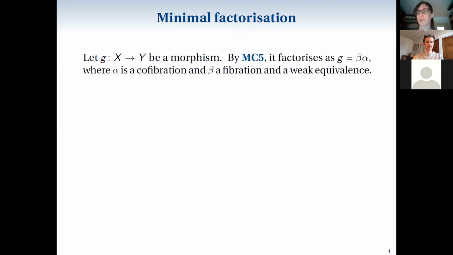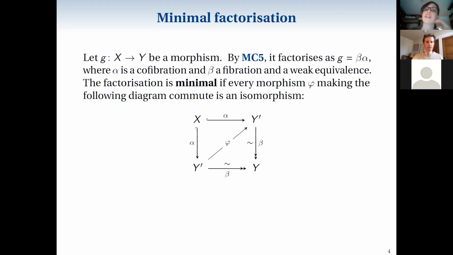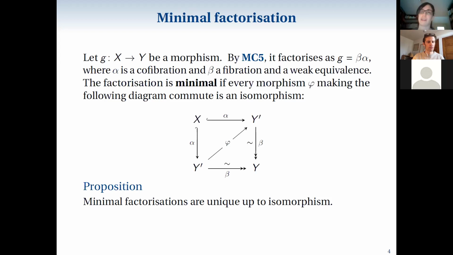So we take a morphism, we factorize it using this fifth axiom into a cofibration and then a fibration. Okay, and then we say that this factorization is minimal if any endomorphism of the factorized object, the object through which we factorize, is actually an isomorphism. The reason why we choose this minimal factorization is that this provides some invariant, in the sense that minimal factorizations are unique up to isomorphism.